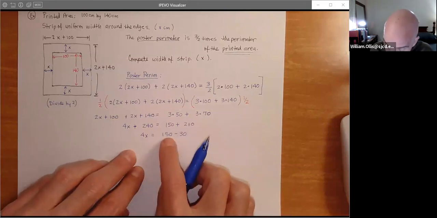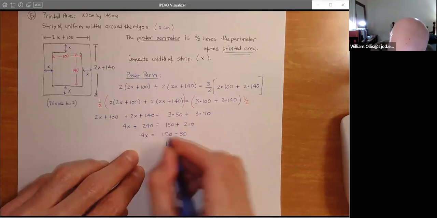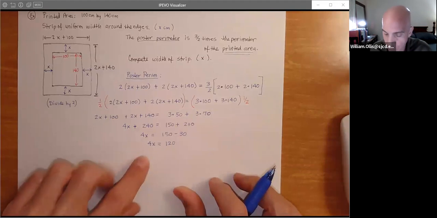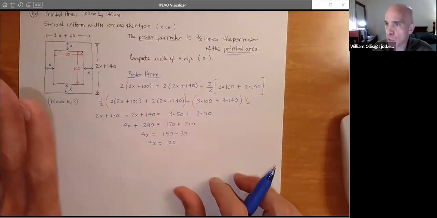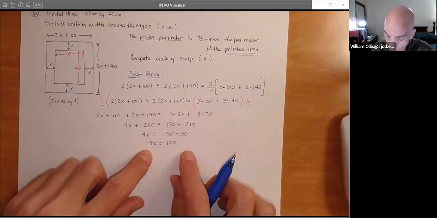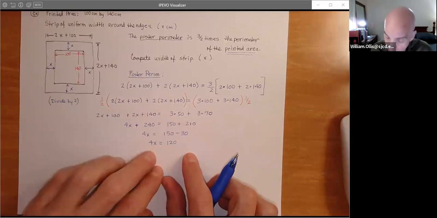And now, of course, the 150 minus the 30 will give us 120. So my philosophy is if the numbers are simple enough, you don't necessarily have to reduce. I'll leave that up to you. But notice we just have very simple arithmetic. And now, of course, if we divide 120 by 4, we get 30.